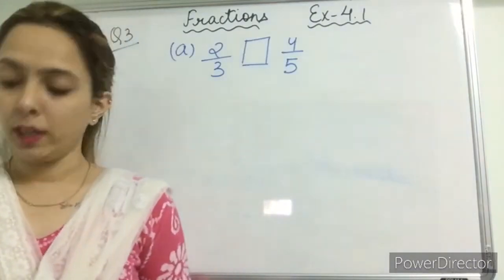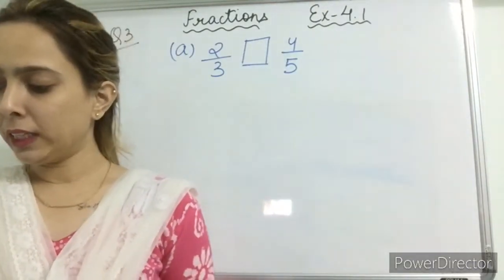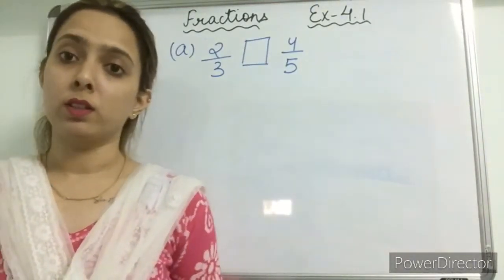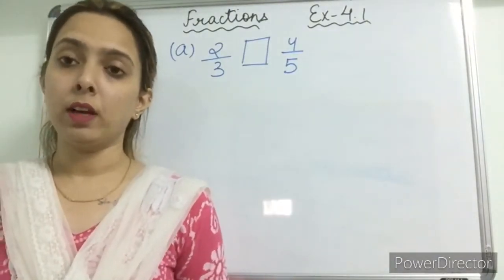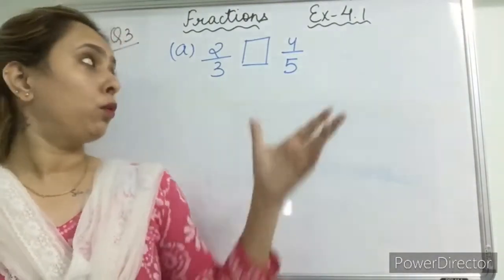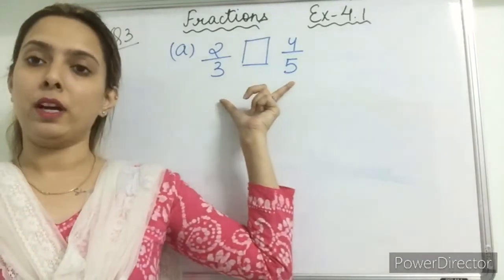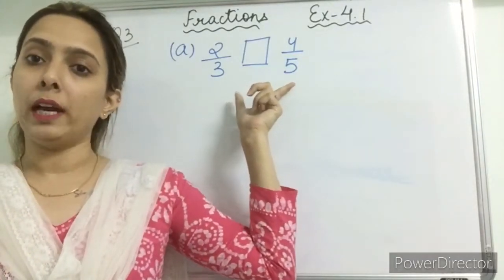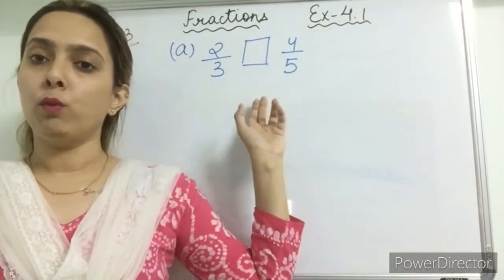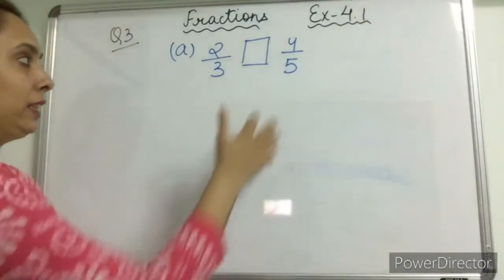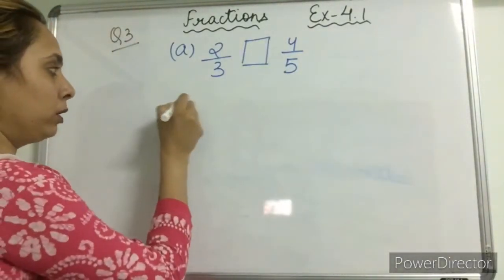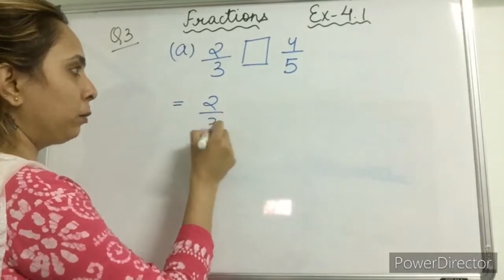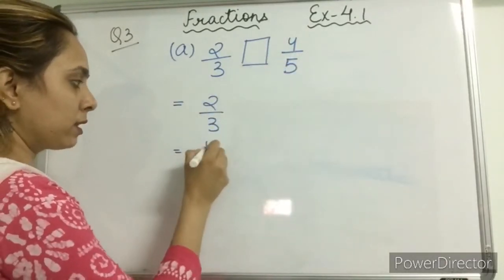Next, question number 3. Compare by finding the LCM of the denominators. This also we have done in our live class: if we want to compare unlike fractions, we will always find the LCM. What I have explained is that first of all we will write both the fractions like this.